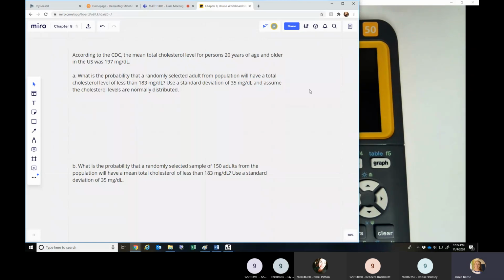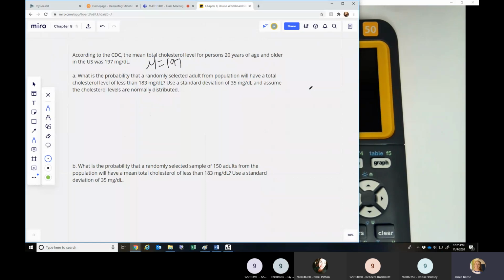All right, so if you're still writing this down, I'm going to give you a minute to catch up. All right, so according to the CDC, the mean total cholesterol level for persons 20 years of age or older was 197. Okay, so the mean was 197.